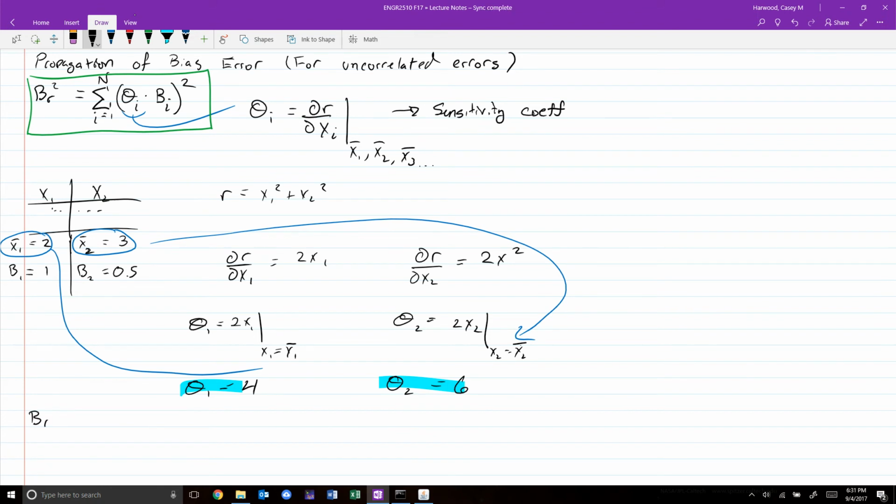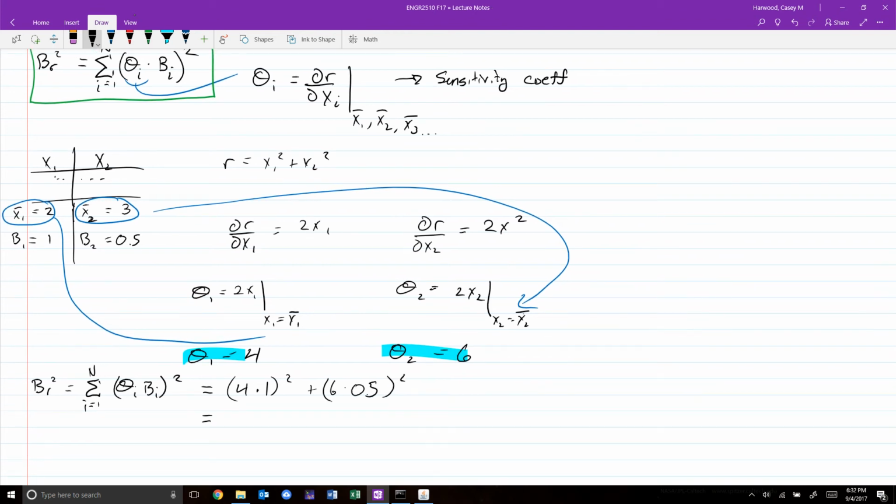So b sub R squared is equal to, again, the sum from i equals 1 to n of theta i b i, squared, which in this case, because n is only 2, we only have two variables going into R, gives us 4 times b1, which is 1, squared, plus 6 times 0.5, squared.